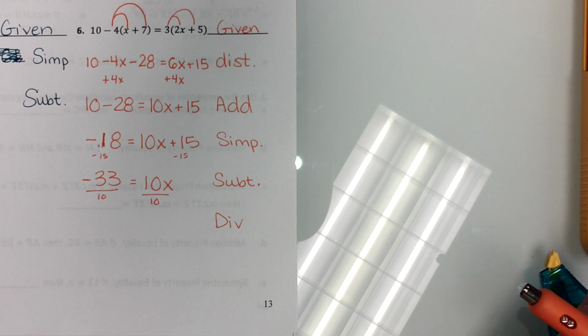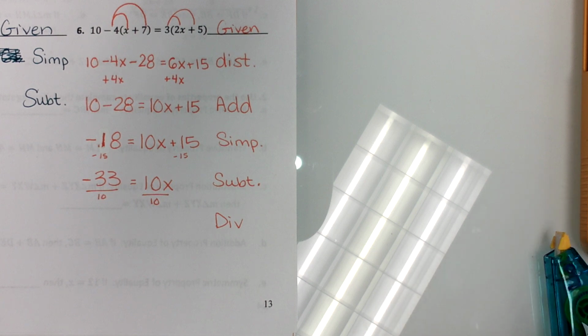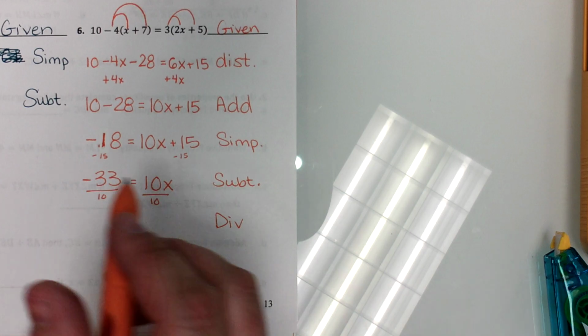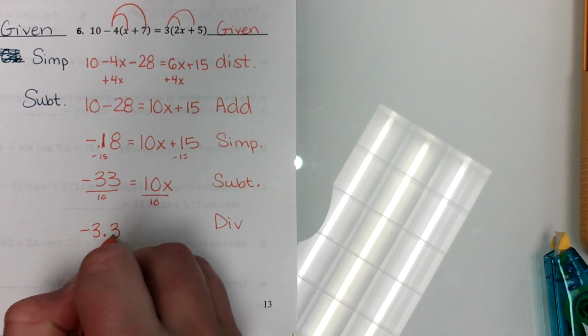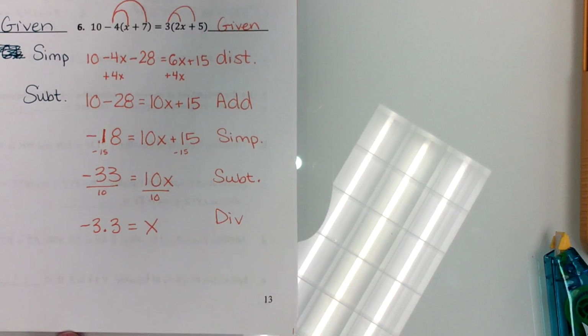Not just 3. Negative 3. Not just negative 3. There's decimal to it. Negative 3.3 equals x.